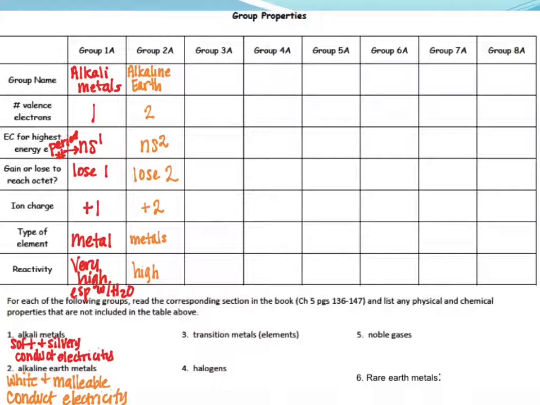Right down here in 3, we're going to put that they conduct heat and electricity. These are malleable. They're very shapeable. And they're less reactive than the other 2 groups that we just talked about.